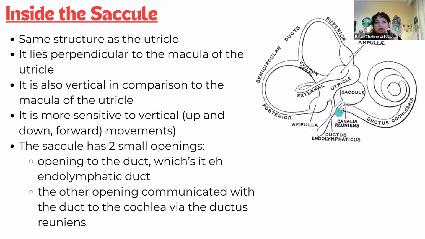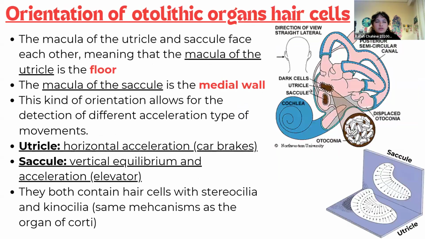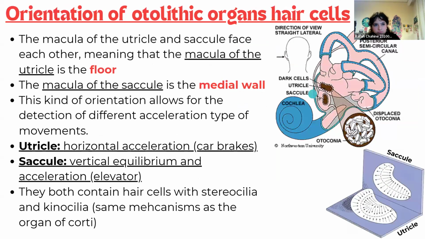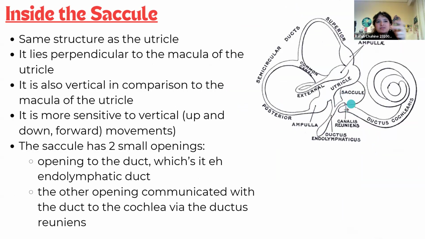I very briefly mentioned this endolymphatic duct, which will lead to the endolymphatic sac. This is one of the openings of the saccule. The second one is the canalis reuniens, which is the connection from the saccule to the cochlea. That's all you need to know about the saccule.